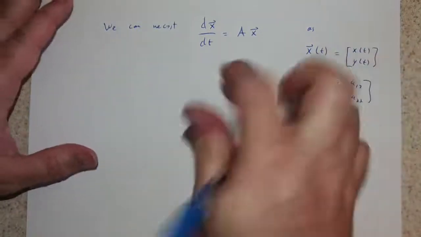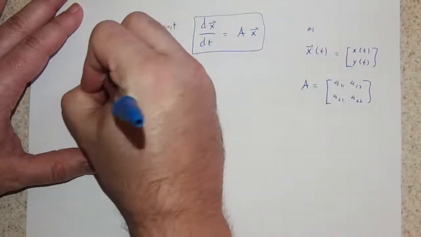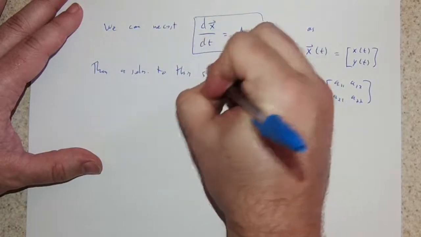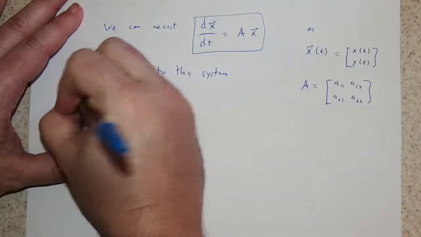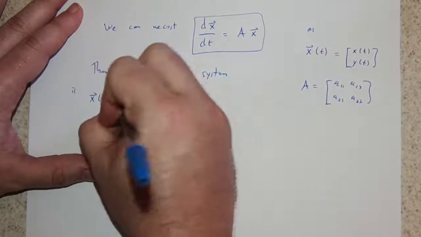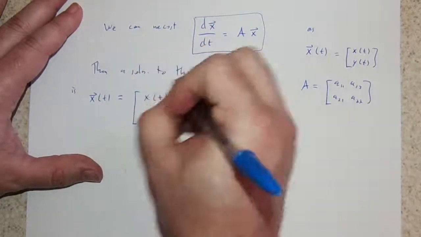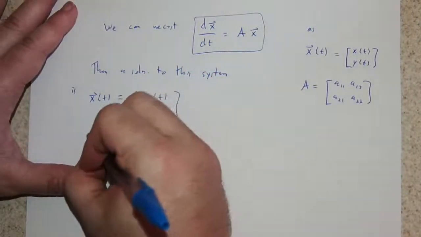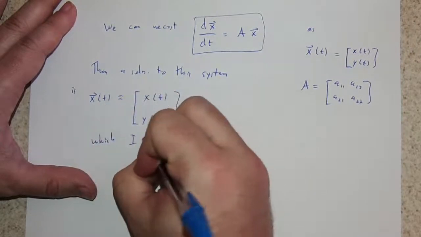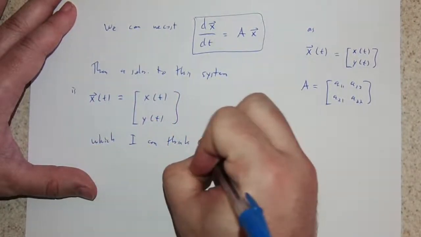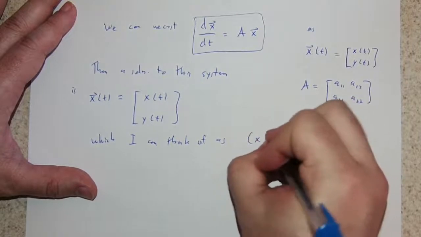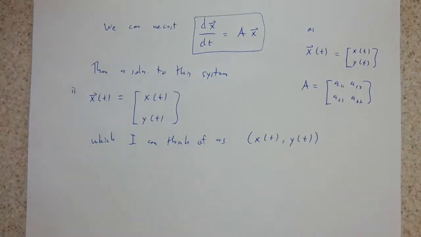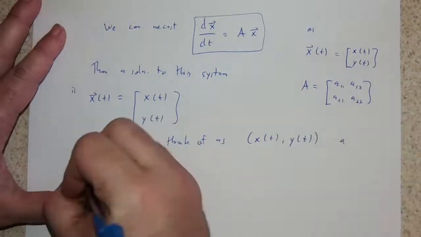Then a solution to this system is x of t, which is the vector that has component functions x of t, y of t, which I can think of as the ordered pair x of t, y of t, a parametric curve in the plane.